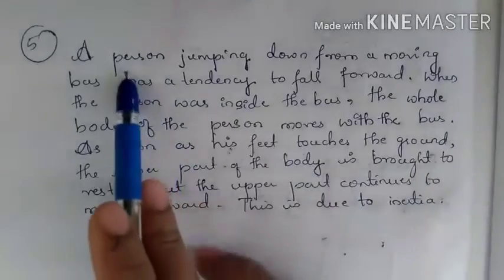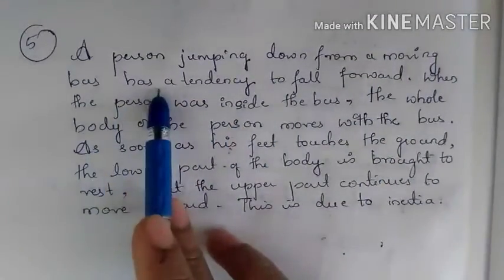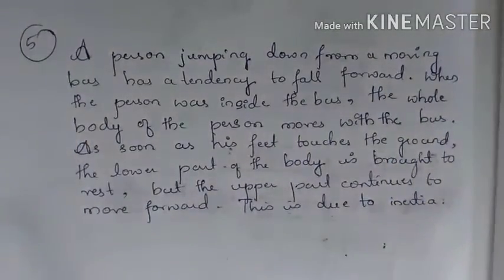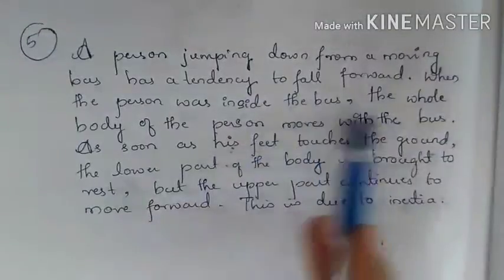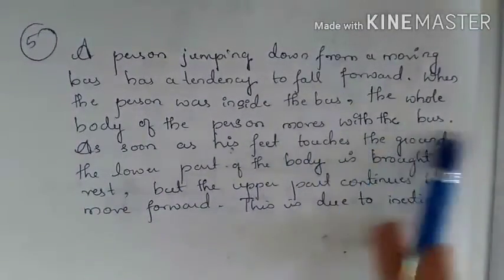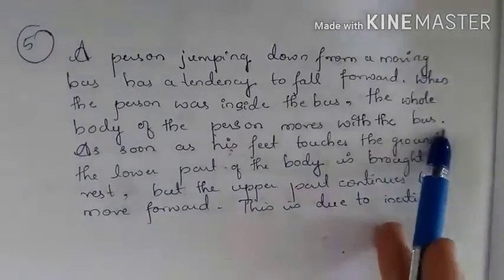If a person who is jumping down from a moving bus will fall forward. Why? Because when this person was inside the bus, the whole body of the person was moving with the bus.